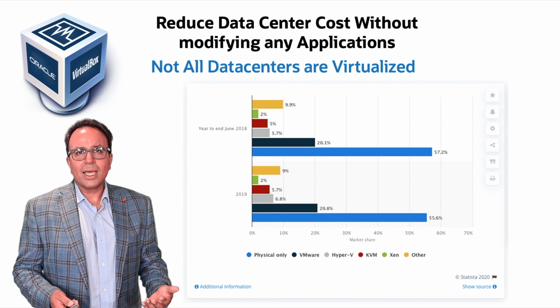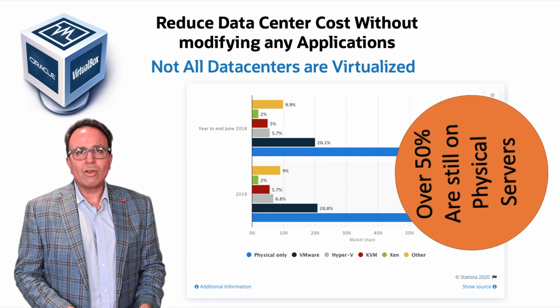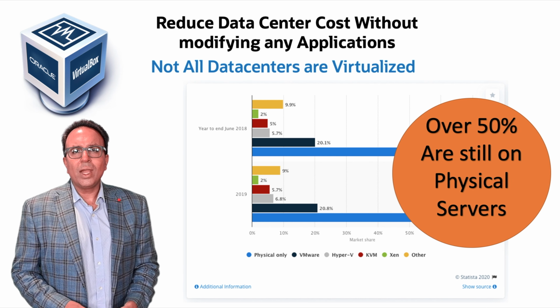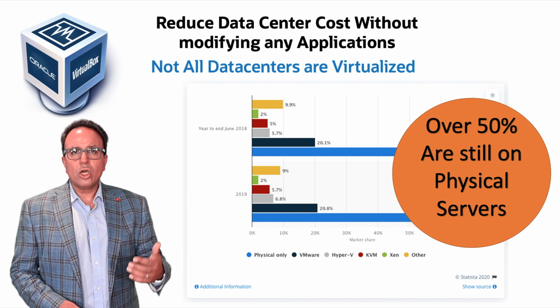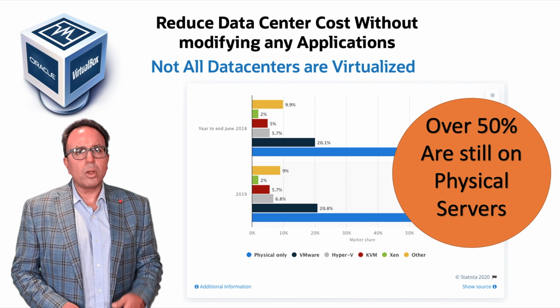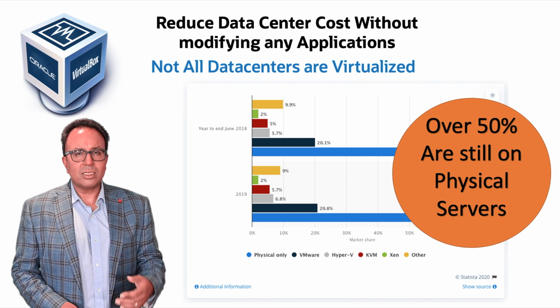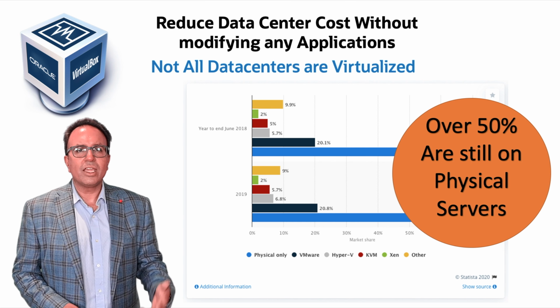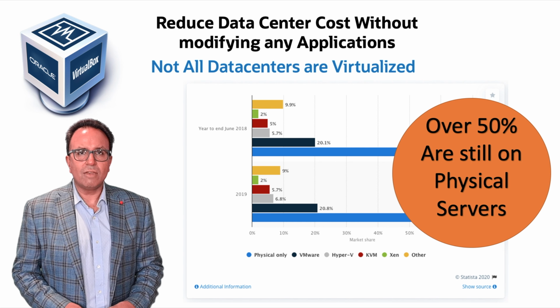So data centers that are still on physical machines are also looking at ways to reduce cost, because you've got one server, one storage box, one operating system, one application, and some of these data centers have 3,000, 4,000, 5,000, 10,000, 20,000 servers.